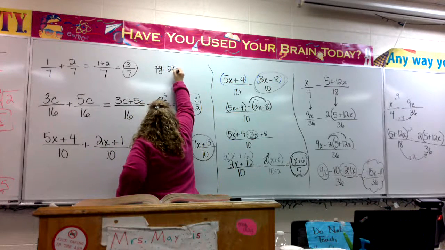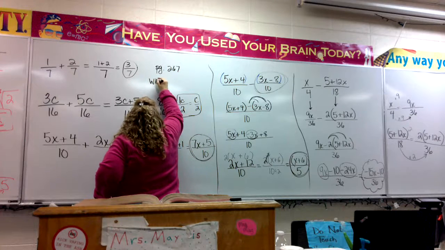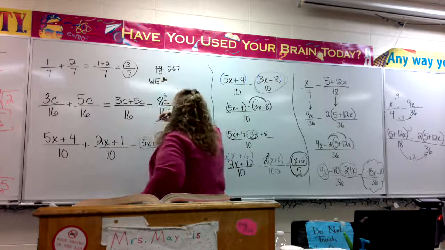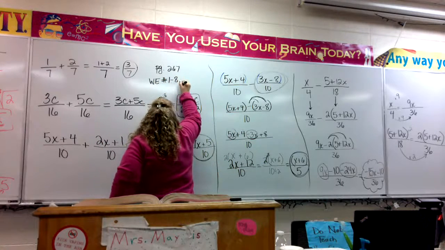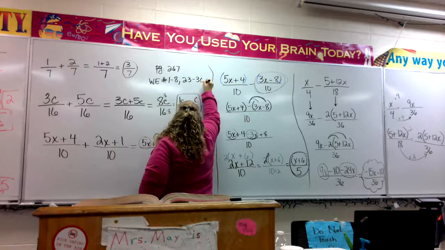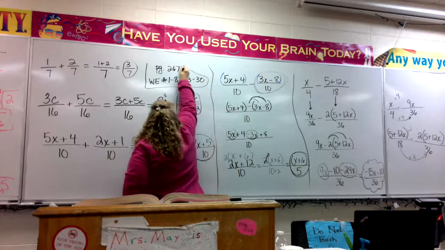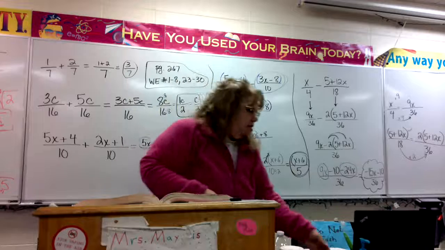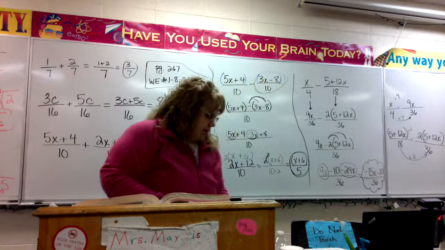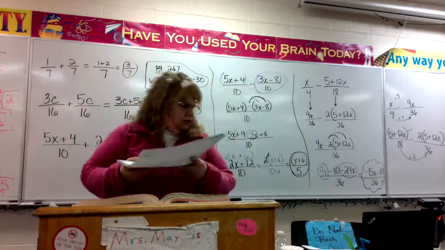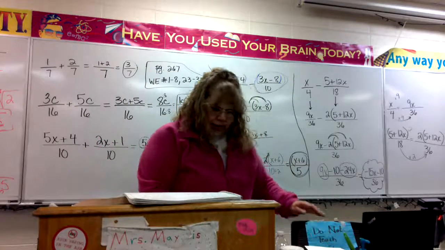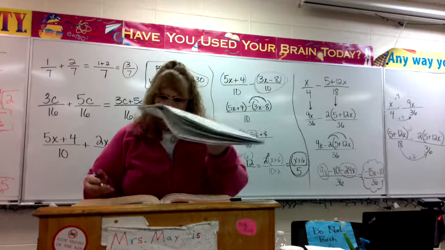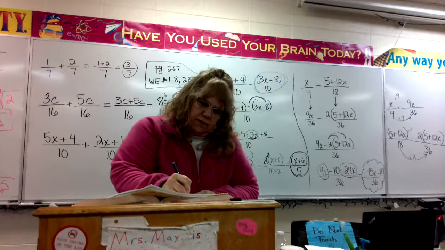What did I just say? 1 to 8, 23 to 30. And I believe those should all have denominators with numbers, not letters. And then tomorrow, we shall do letter denominators. Page 267.